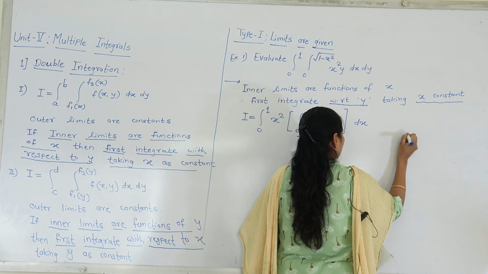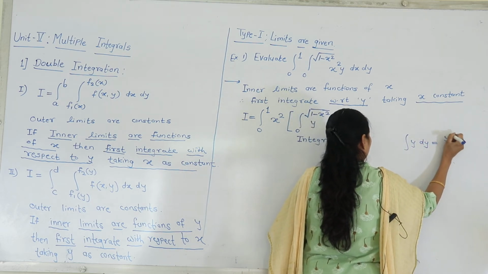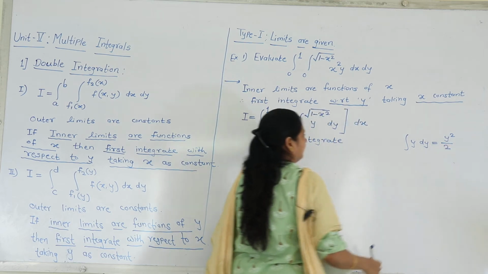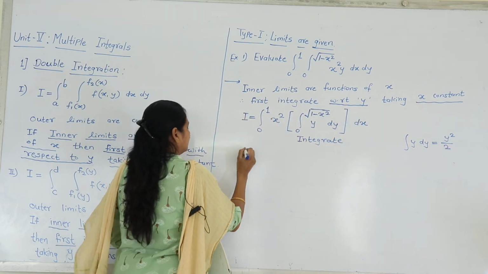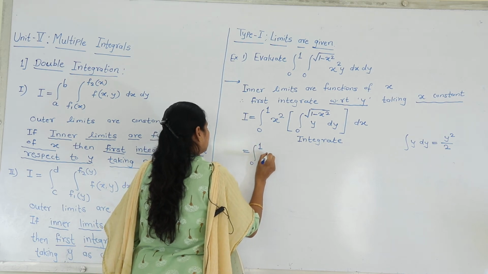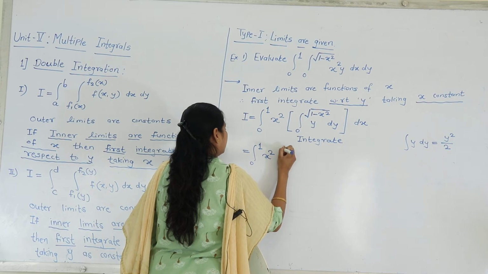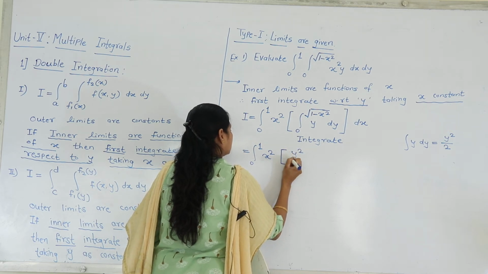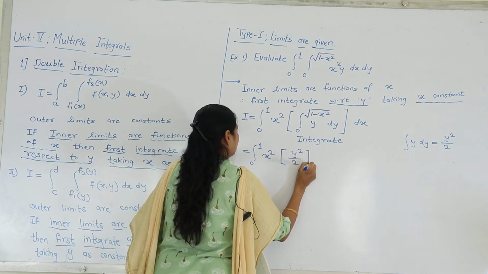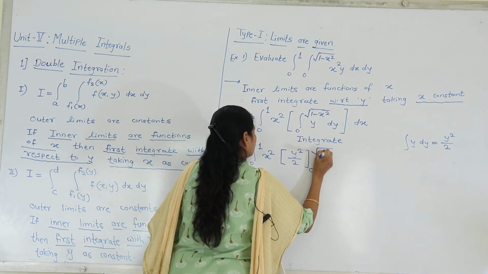Integration of y dy is y square by 2. Using this formula, 0 to 1, x square constant, therefore it is as it is. Then integration of y is y square by 2, limit from 0 to under root of 1 minus x square.